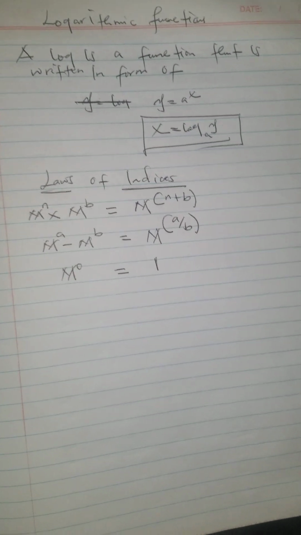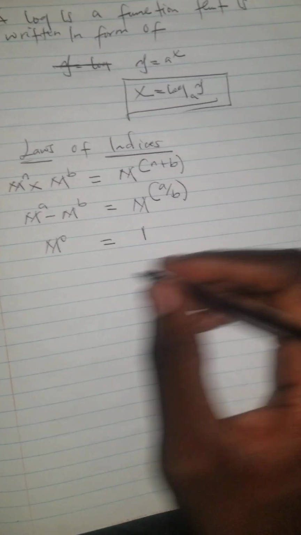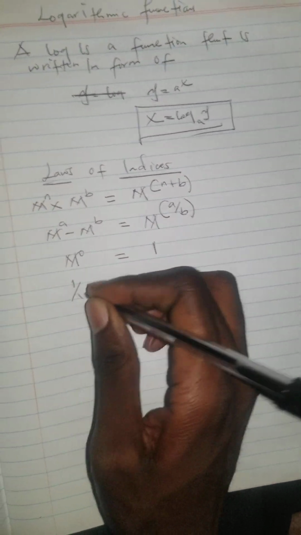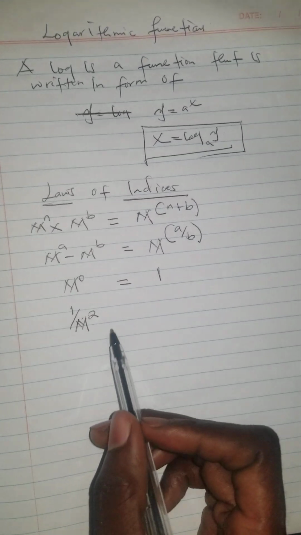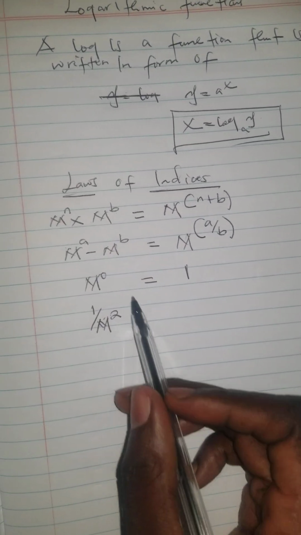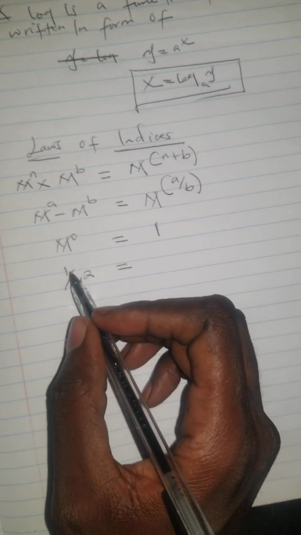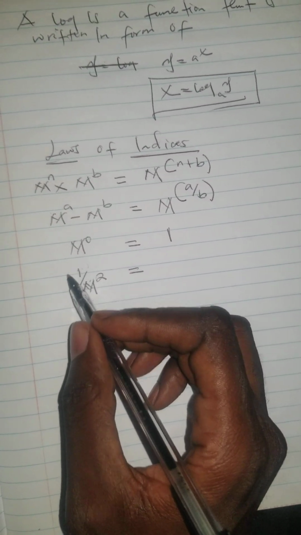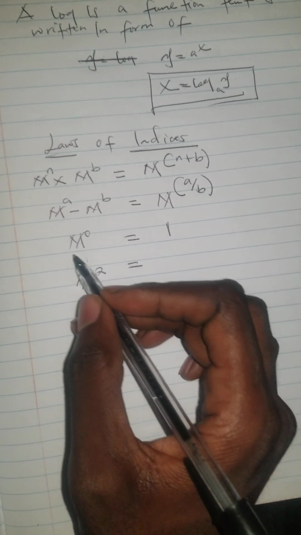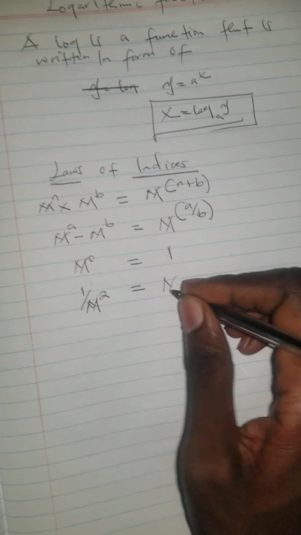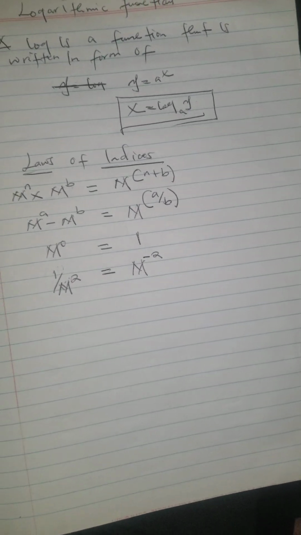And then again, under the rules of indices, if you want to change a fraction to a whole number, for example you have 1 over m squared, you remove the 1 on top and introduce a negative to the power of the denominator.